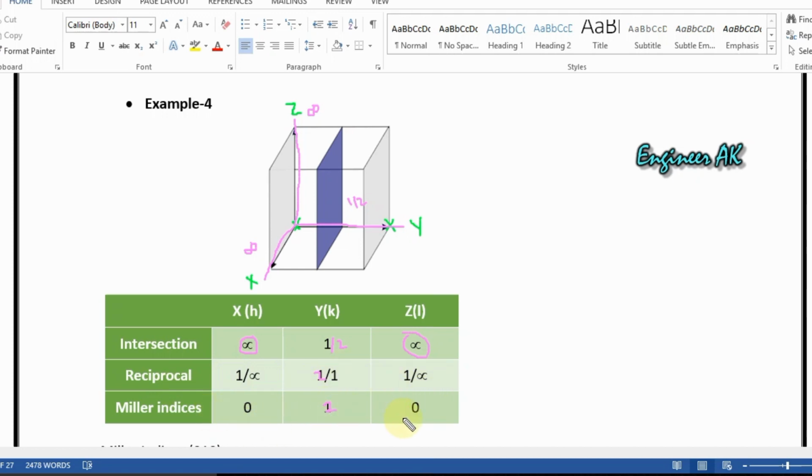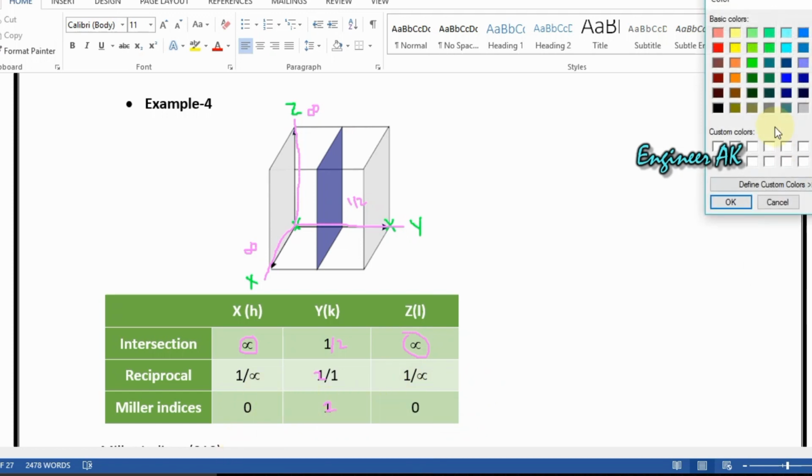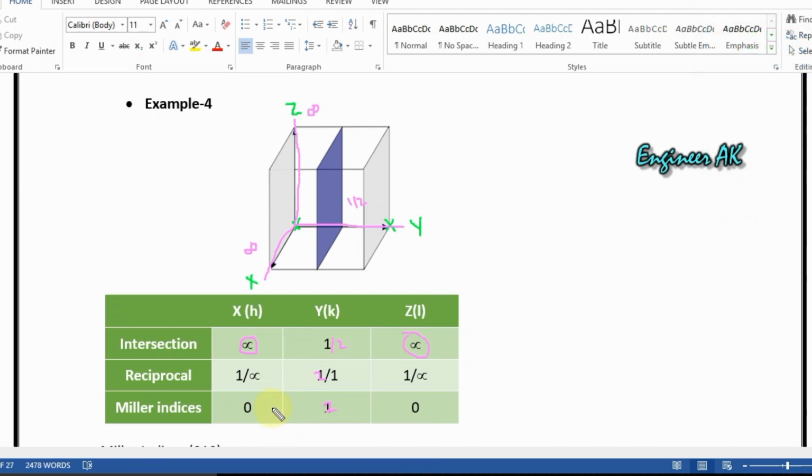And try to reduce it to the least values. So what I will do is divide by 2 here, divide here by 2, and divide here by 2. So it will give us 0, this will also give us 0, and this 2 and 2 will cancel out, so it will give us 1.